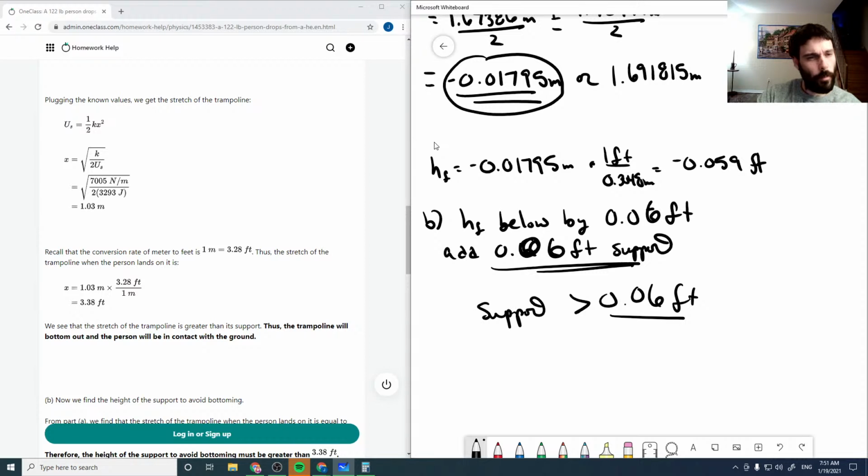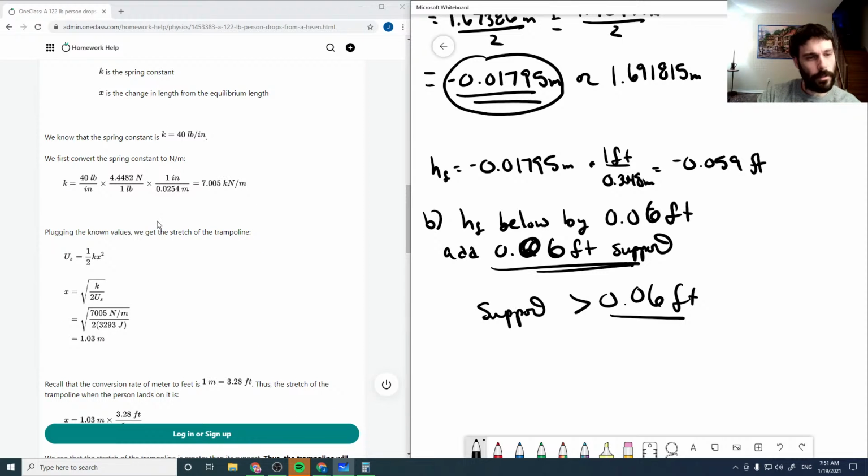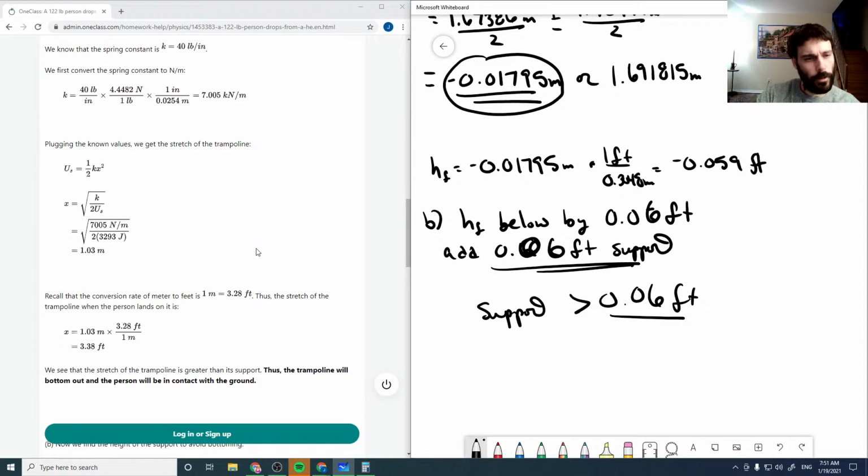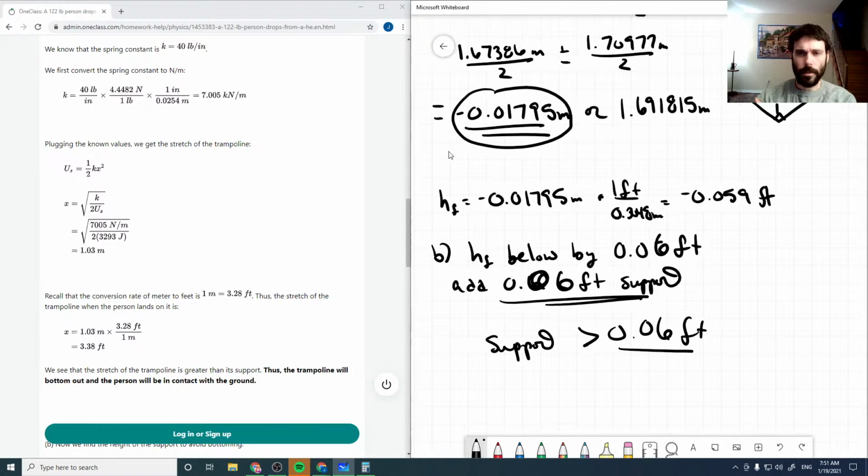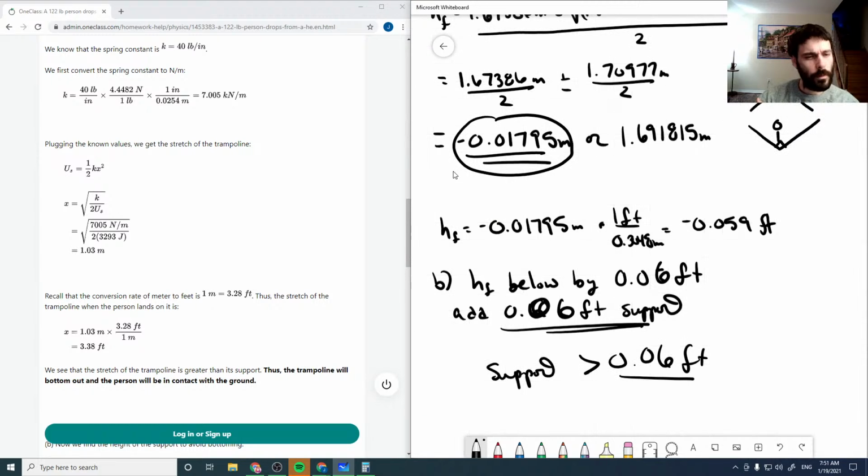So actually you don't bottom out quite that badly. So this final energy here doesn't include the gravitational potential energy, the final gravitational potential energy of the person.